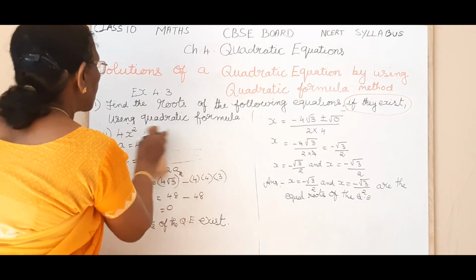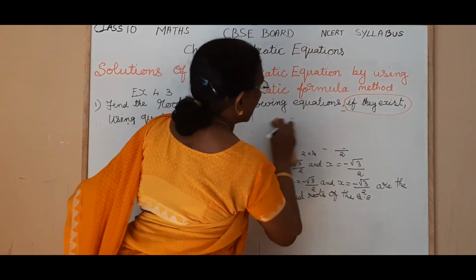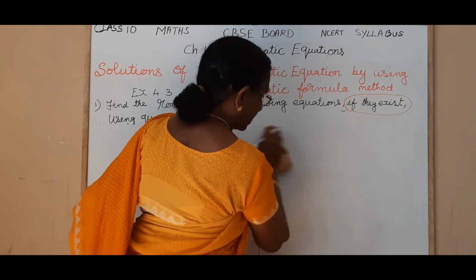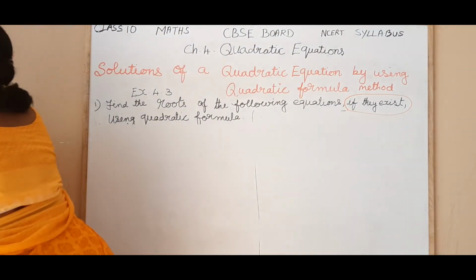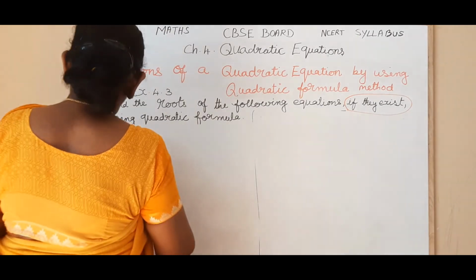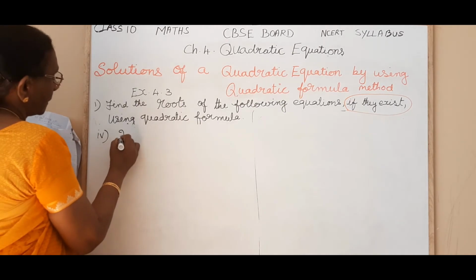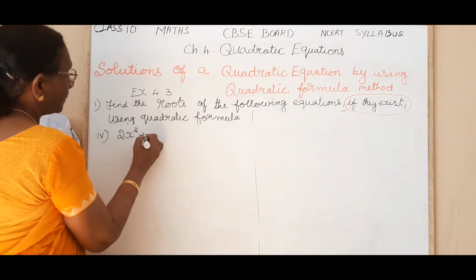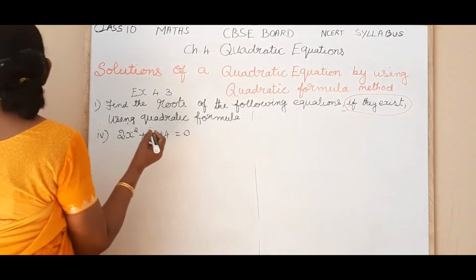Now we'll move to the last question, that is question number 4. 2x square plus x plus 4 equals 0.